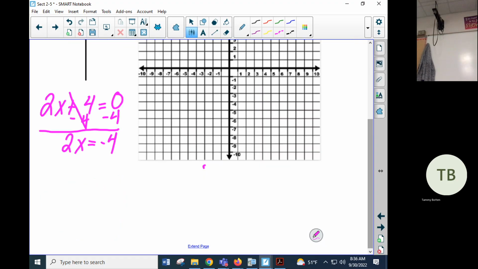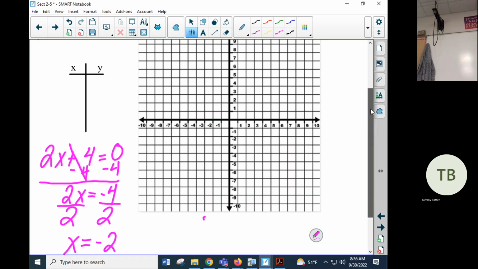And then if I divide by 2, I get x equals -2. Now, what that tells me is that absolute value graphs are always going to give us a V. And that -2 tells me that the vertex, the bottom of that V or the top of the V if it goes down, this is our X value where that V starts.